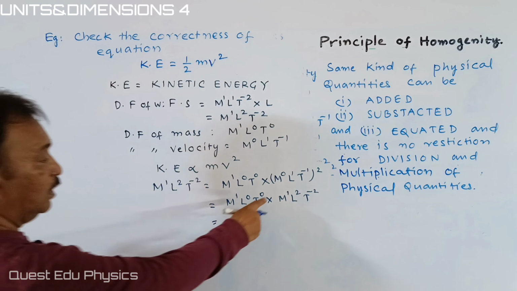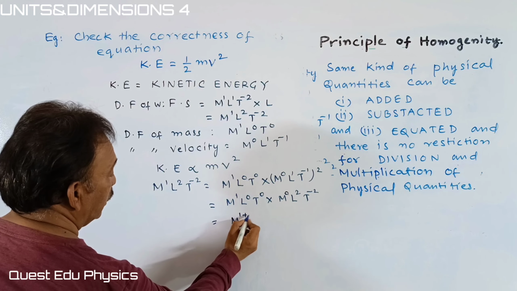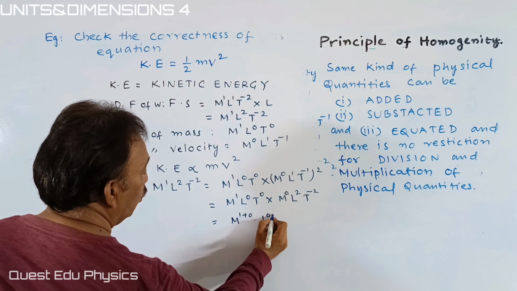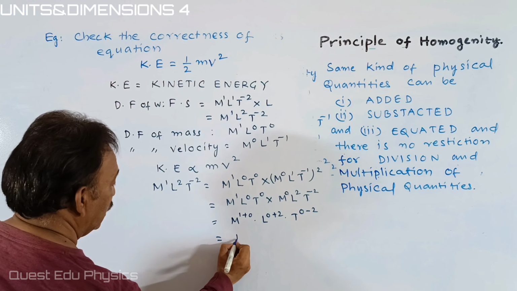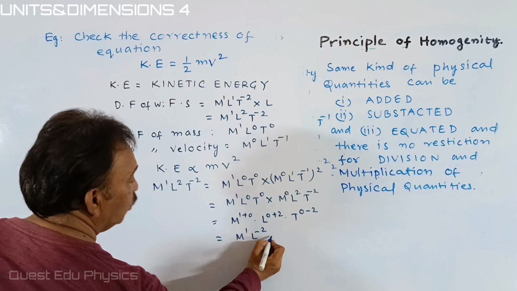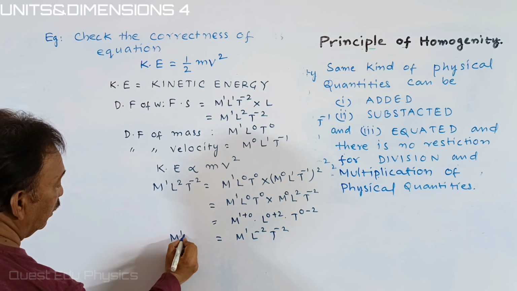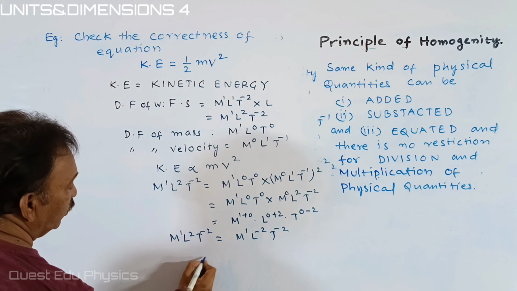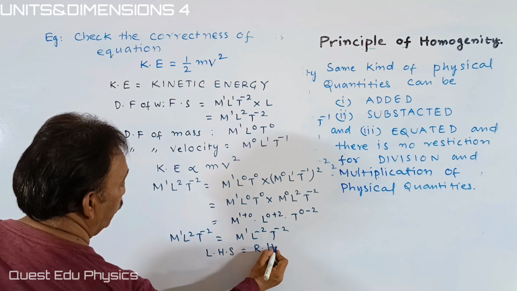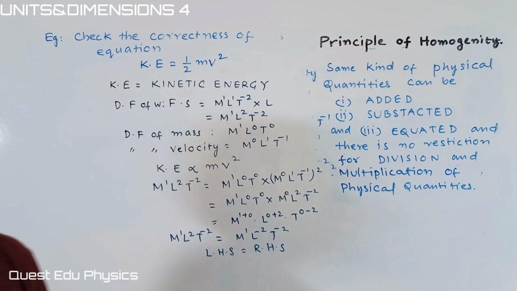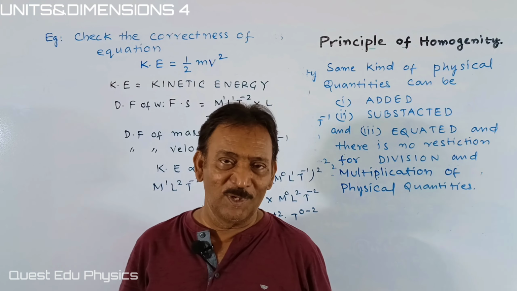That is M1 plus 0, L0 plus 2 and T0 minus 2, that is M1 L2 T inverse 2. See, the same thing is yielded here. LHS is equal to RHS. Hence, this equation K is equal to half mv squared is dimensionally right, students.